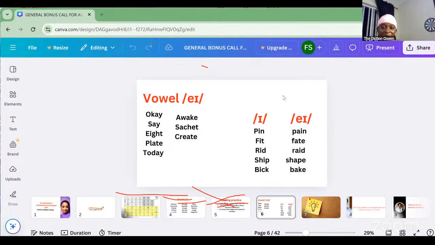Okay, Jeremiah, please unmute. Good evening, Jeremiah. Please pronounce the words. Well, feed. You're pronouncing the word pin to bake. Okay, pen. It's not pin.